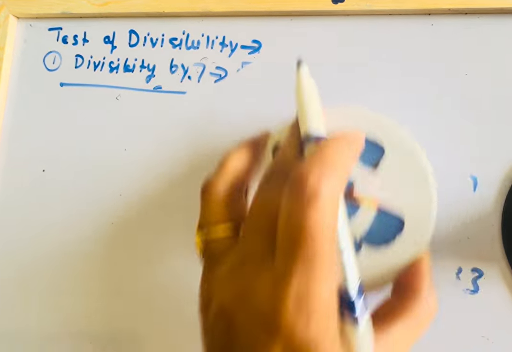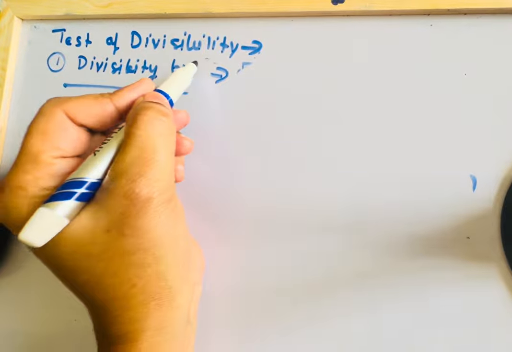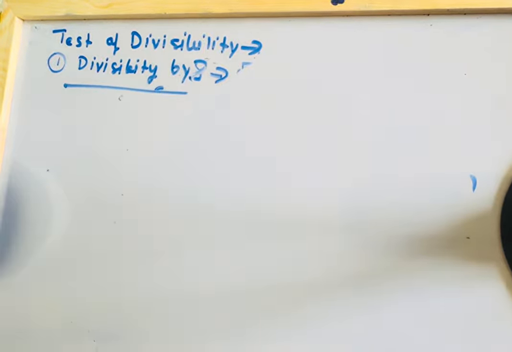Now, if any number is given, how do you check whether that number is divisible by 8 or not?